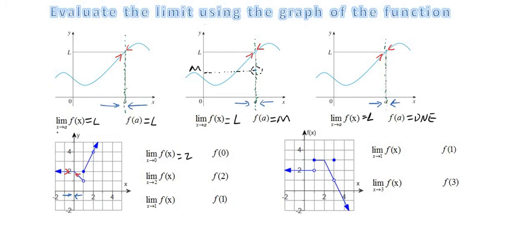For f(0), we draw the vertical line, and we find the solid point on this curve. That has y value 2. So we can directly write down 2. Now let's take a look at the second one.